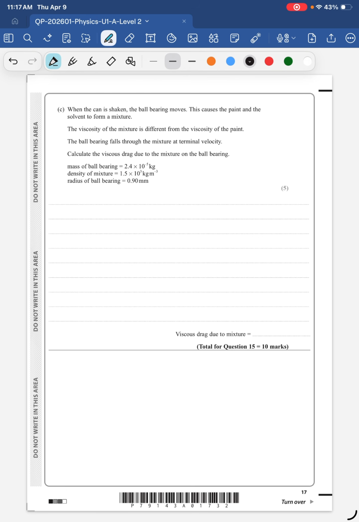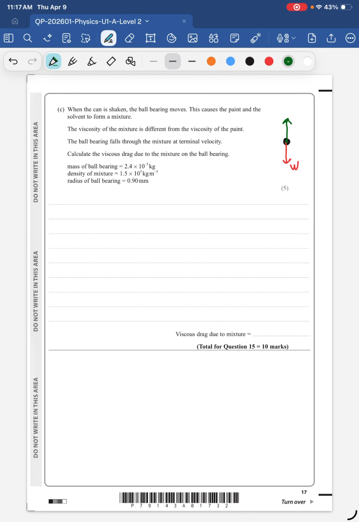All right, so basically now the scenario is a little bit different. Let's say that we have the ball. I'm going to draw it over here. What kind of forces are exerted on it? The weight, down.